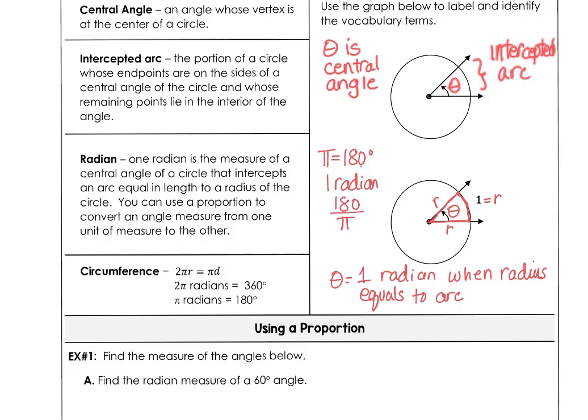And if you get your calculator out, if we called that our theta angle, which is our central angle here, then theta would be roughly 57.3 degrees, because I divided 180 by pi and got 57.3 degrees. So 1 radian is just about 57.3 degrees. So let's jump into our lesson here.